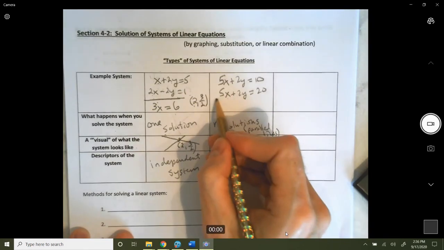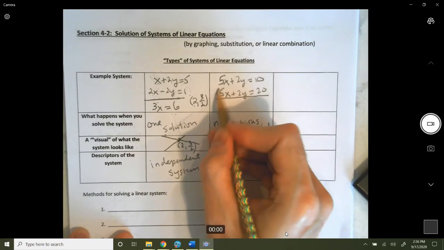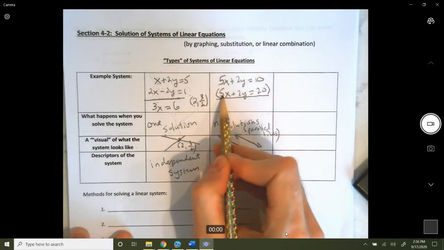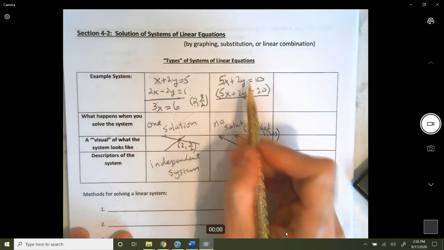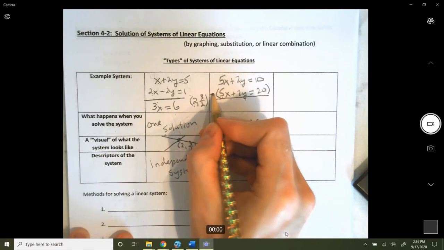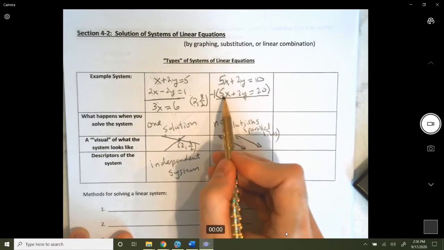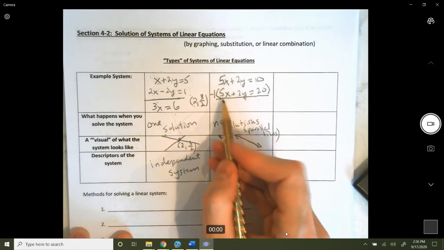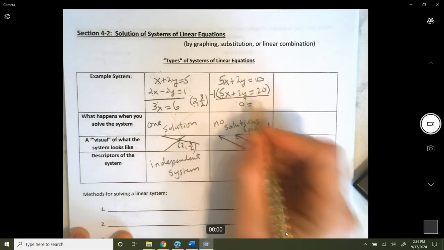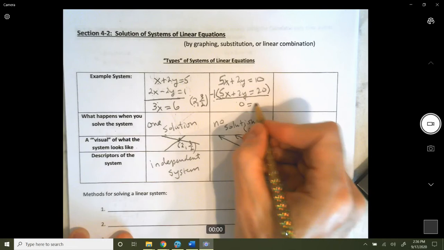Now, real quick, and if this goes fast, don't worry about it. In this one, I've got positive 5x, positive 2y. I actually can multiply the second equation by negative 1 and then add those together. Okay? You get 0x plus 0y equals, and then you have 10 minus 20, 0 equals negative 10.